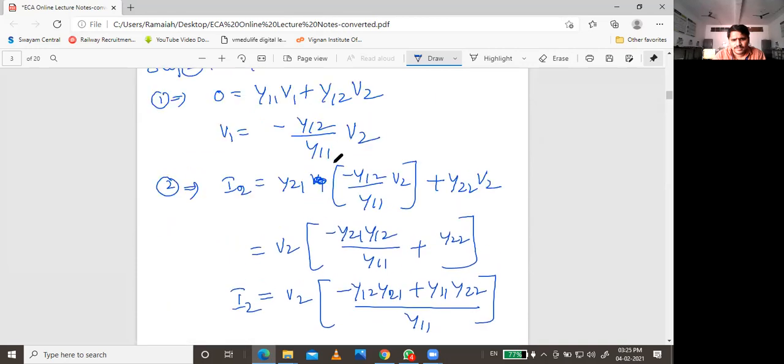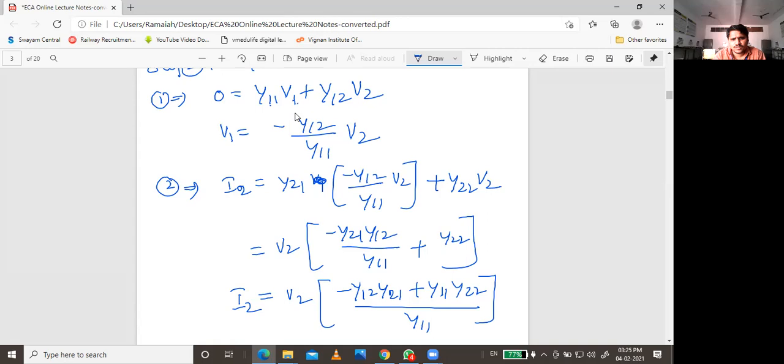Sorry. It is what? So 0, Y11 V1. So this is Y22, sorry. V1 is equal to Y11 V1, so bring this by minus Y11 V1.